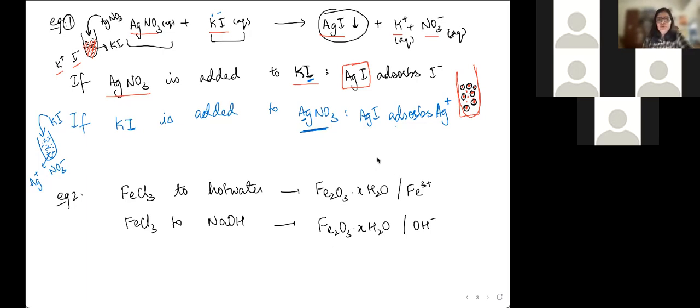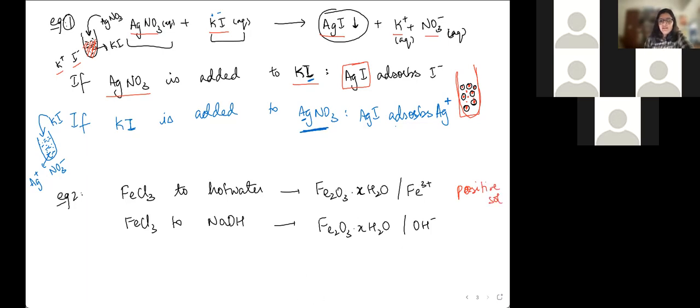So if we add ferric chloride, FeCl3, to hot water, which is neutral, obviously it does not have other compounds. What is observed is that it ends up adsorbing iron 3 plus and forms a positively charged sol.